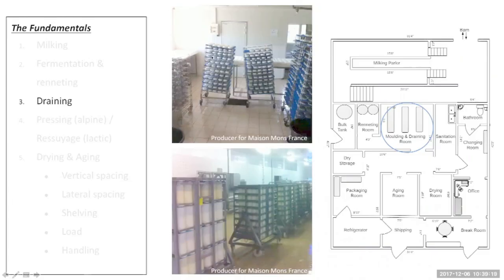So the nature of cheese making is not every cheese is going to be treated the same, but the way that you can mix it up is by turning these carts, for example, or changing the order of them. But ultimately, with very small facilities, it's going to be difficult to treat everything so uniformly.